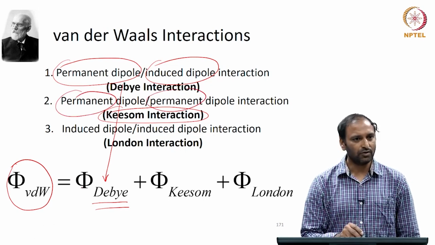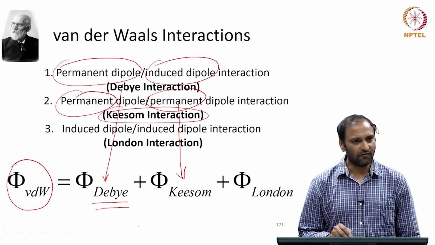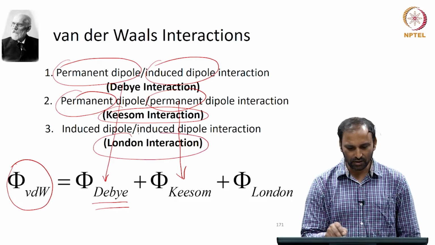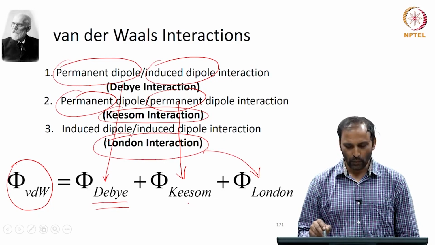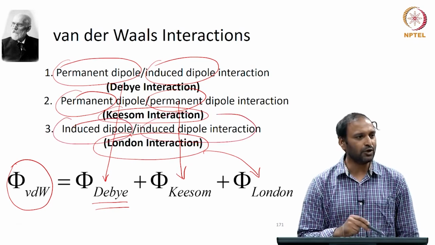Okay, if you have two permanent dipoles, the interaction between them would be the Keesom interaction. And what is called the London dispersion forces, or London interactions, is the interaction between an induced dipole and an induced dipole.